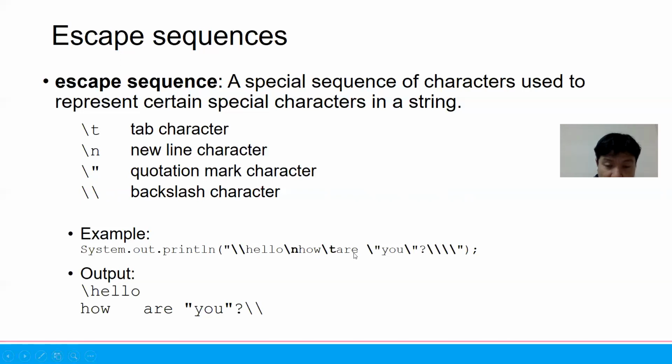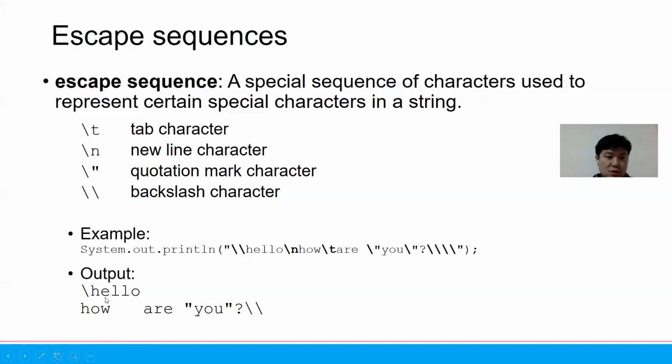And then r, and then we have a space. And then we have backslash double quote, so we are making a double quote, and then we have another backslash double quote. We are making another quotation mark, and then we have the question mark, and then we have a backslash. So the result will be something like this.